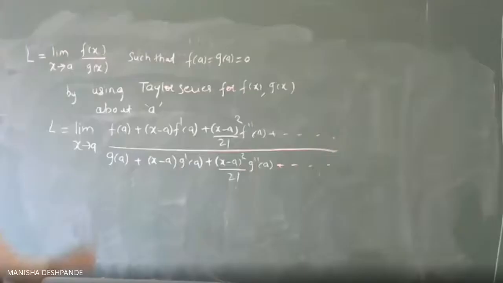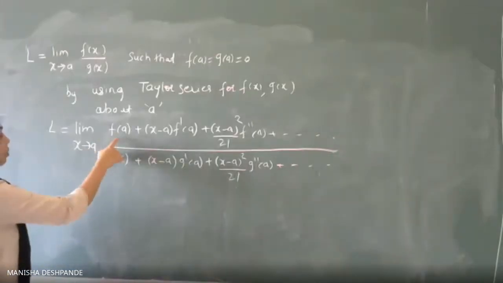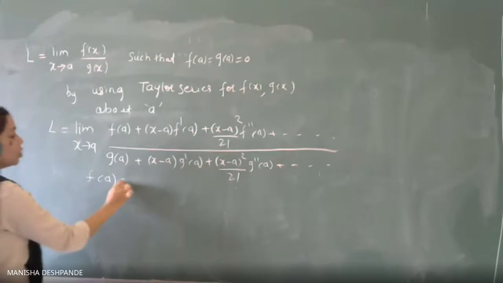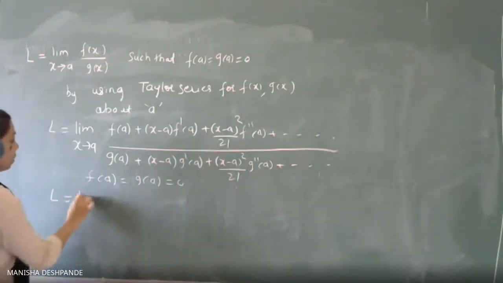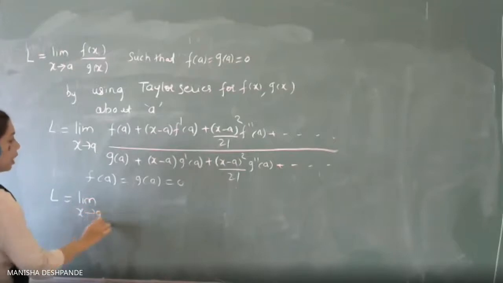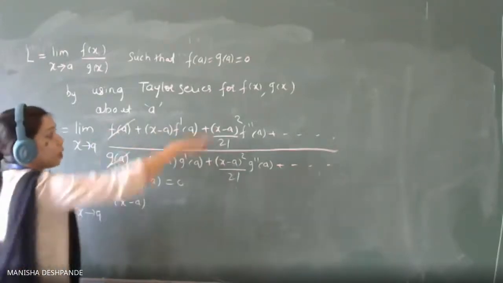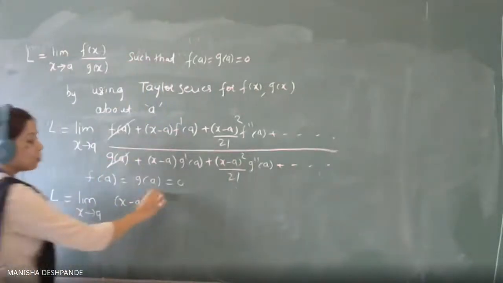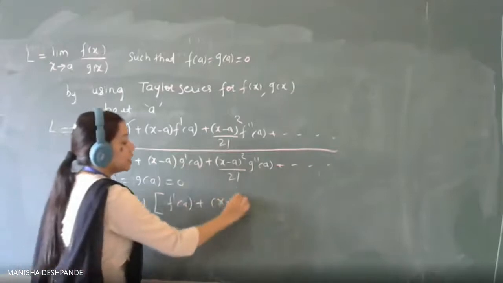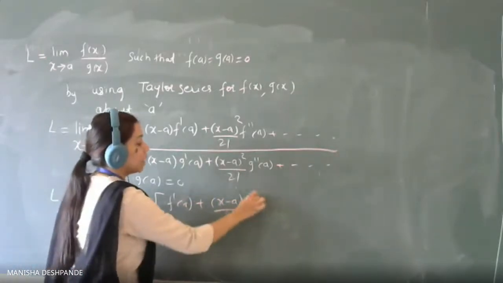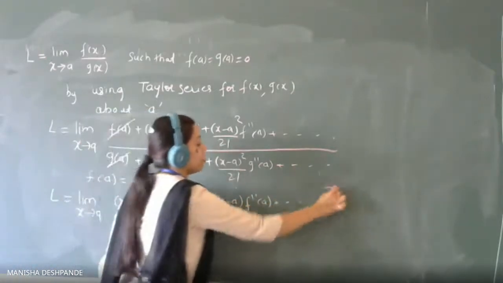Fine. So now this is there, and what is given to you? f of a and g of a both are 0. So when you substitute here, your limit will become limit as x tends to a, f of a, g of a will go, and you can take x minus a common from throughout the entire expansion. So what will remain? f dash of a plus x minus a by 2 factorial f double dash of a plus and so on.